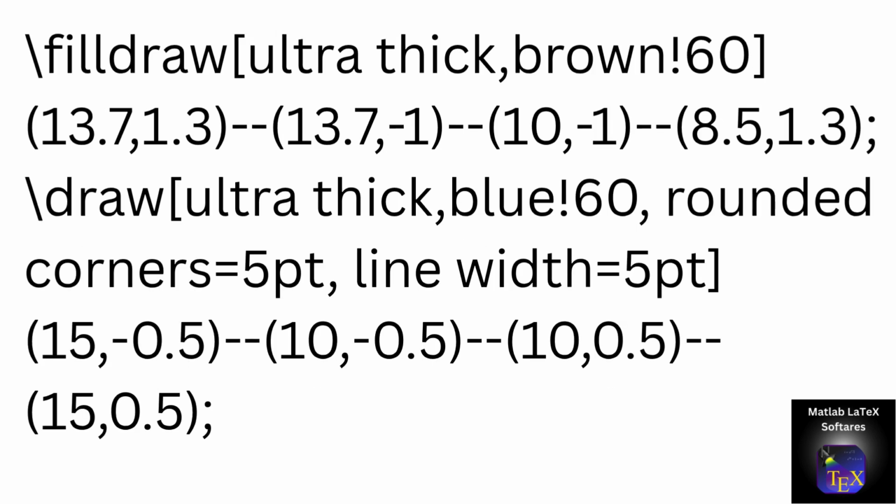Brown shape and blue beam frame. This is a polygon filled with brown at 60% strength. It starts from the right top, 13.7, 1.3, and creates a slope going down to 10, minus 1, and then back up diagonally.